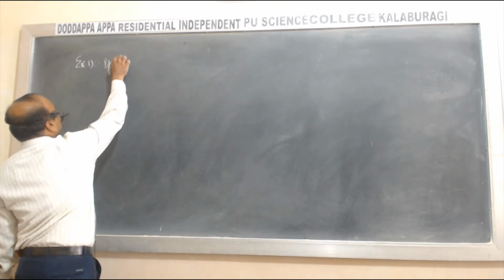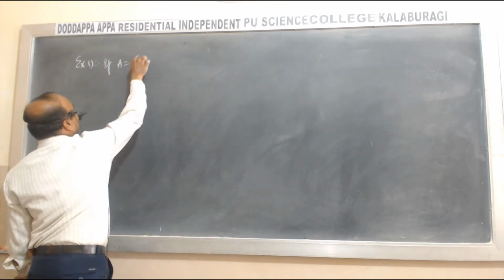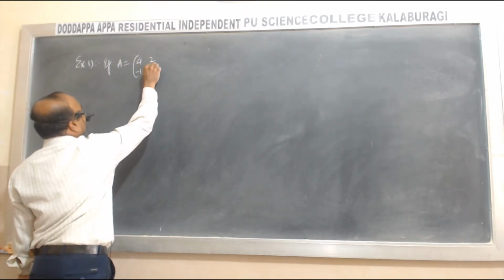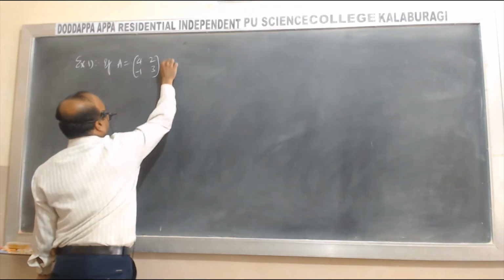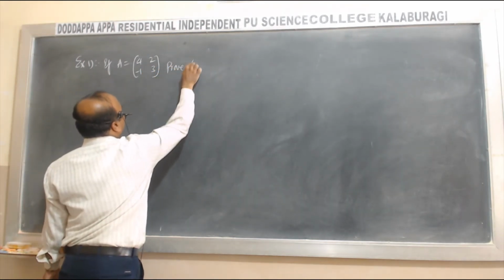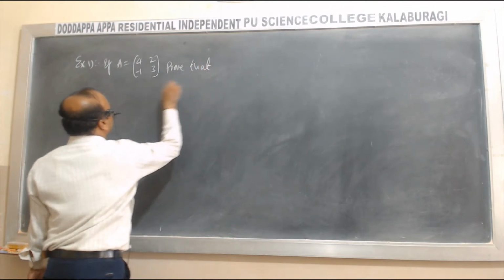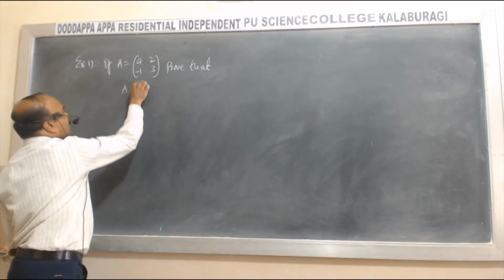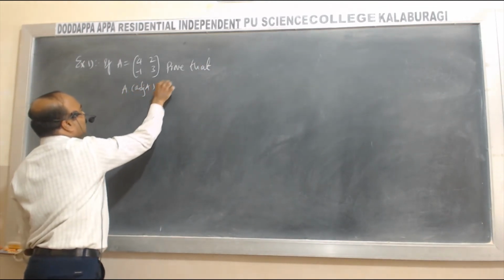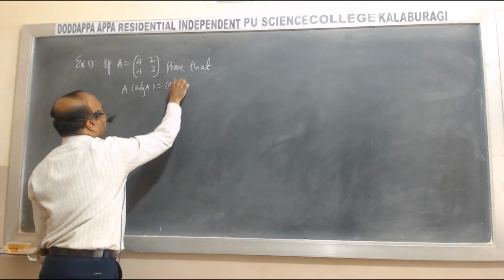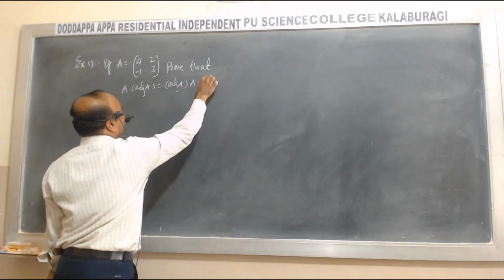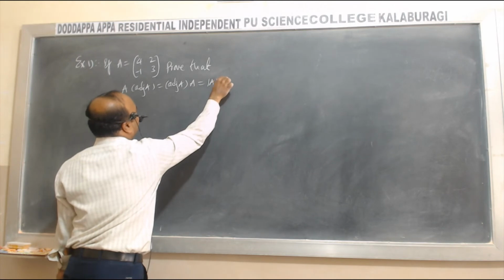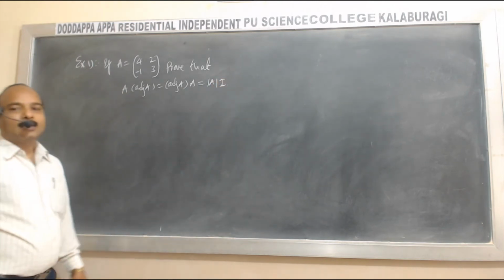If A equal to [4 2; minus 1 3], prove that A into adjoint of A equal to adjoint of A into A equal to determinant of A into I.